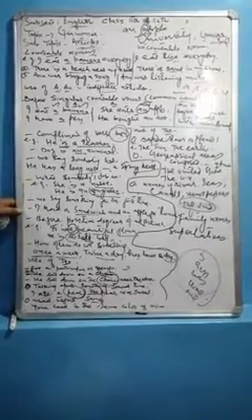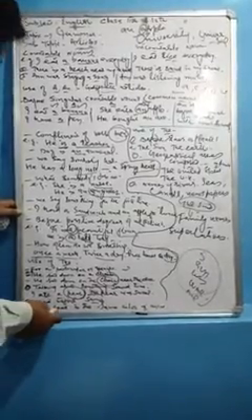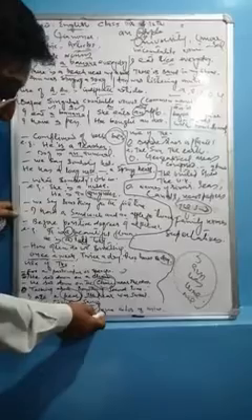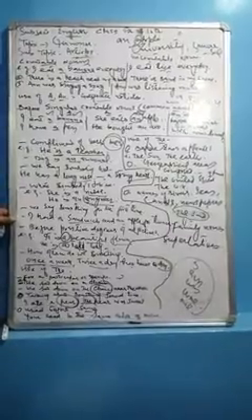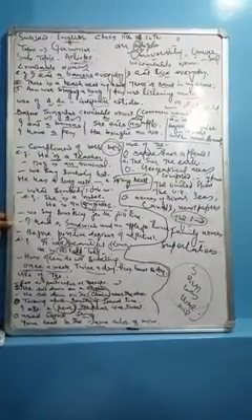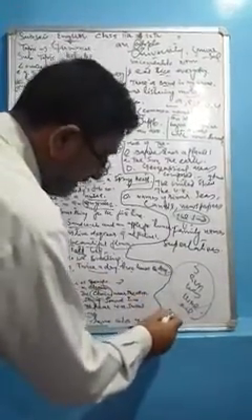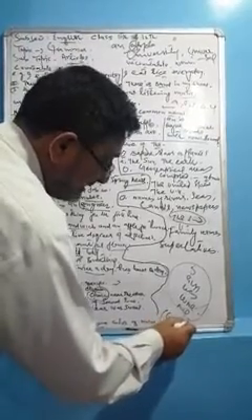The is used before same. Same is a word. For example, your coat is the same color as mine. Your coat is the same. Whenever same comes, we are comparing, so at that time we use the before same.